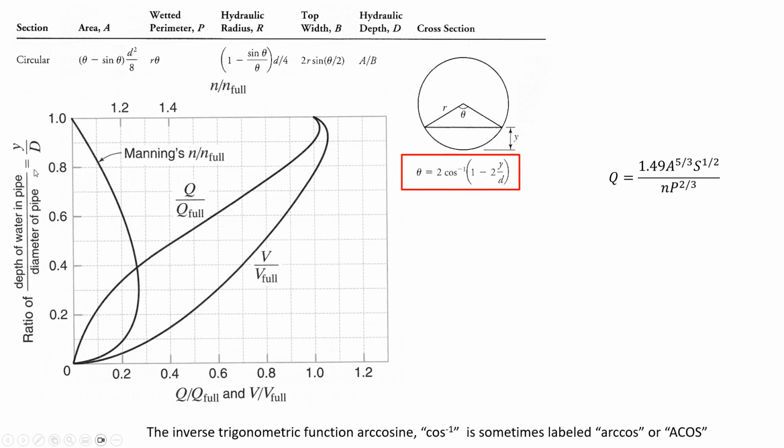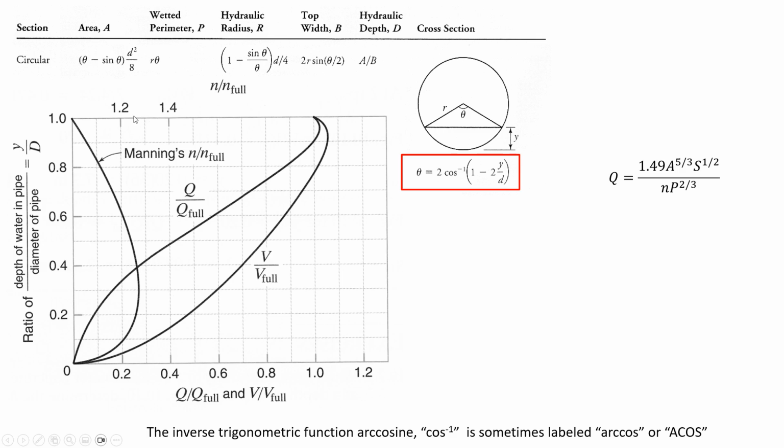So for example, if the water depth is half the diameter of the pipe, so here, the ratio of y, the depth of the water, to the diameter of the pipe, if it was 0.5, then what you do is you'd follow this over to the point of intersection with the Manning's n curve, and then you'd go up.